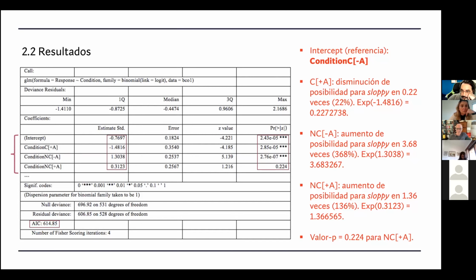La ausencia de clítico con referente menos animado aumenta la posibilidad de lectura imprecisa en 0,68 veces y la ausencia del clítico con rasgo más animado la aumenta en 1,36 veces.